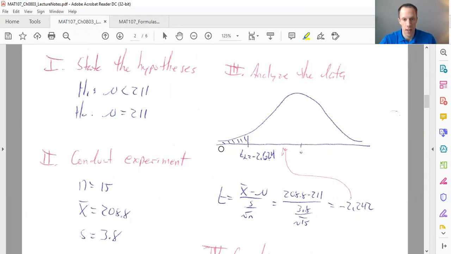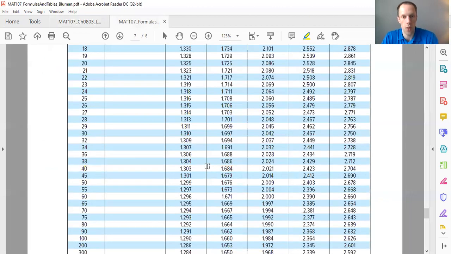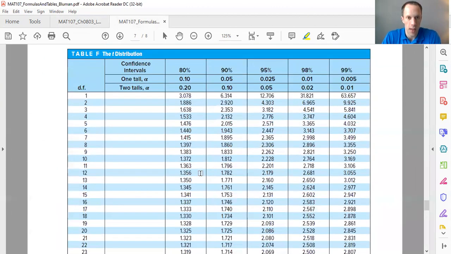So shade a little bit of area here in the left tail. And we're going to find the critical t-score on this one. Okay, so the sample size is 15, which means the degrees of freedom is 14, and alpha was 0.01. Okay, so we're doing a one-tail test again, left tail test, that's just one tail. Alpha value is 0.01, and since the sample size was 15, the degrees of freedom is 14.